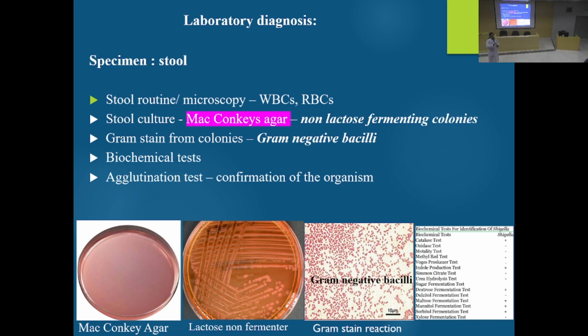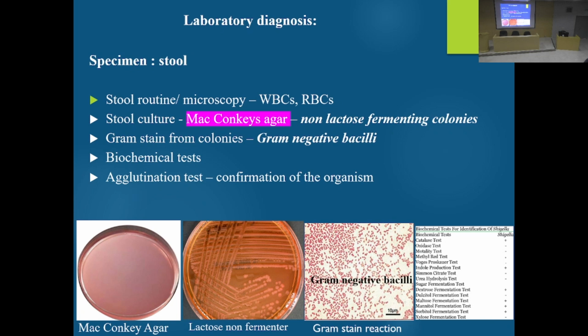In stool routine, first we see how the stool is, whether it is watery, whether there is blood, macroscopically through the naked eye. Then microscopically we look at whether WBCs or RBCs are present. If it is due to Shigella infection, WBCs and RBCs will be present.